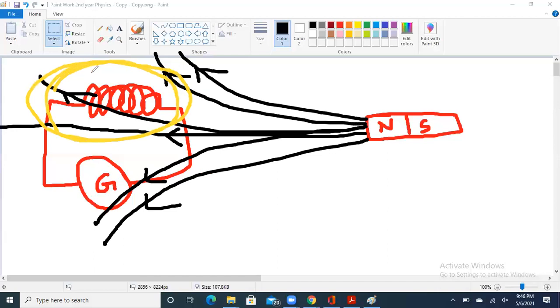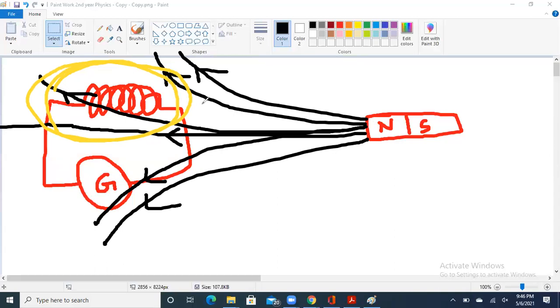Although you know that there are thousands and millions of magnetic lines of force passing through a very small area, we are just taking it as an example. If, for example, there are only 6 magnetic lines of force leaving the magnet, then only one magnetic line of force is passing through this coil.